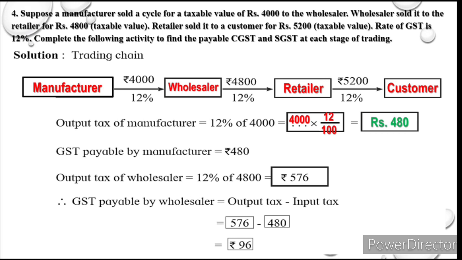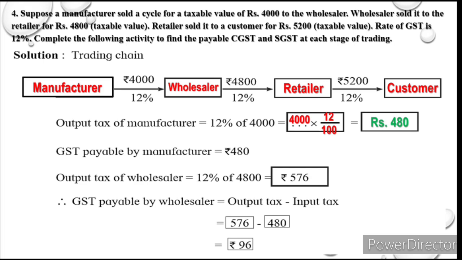Again 12% GST is charged. Answer is written already, 576 rupees. Therefore GST payable by wholesaler is output tax minus input tax, that is 576 minus 480, 96 rupees. Manufacturer paid 480 rupees and wholesaler paid 96 rupees.